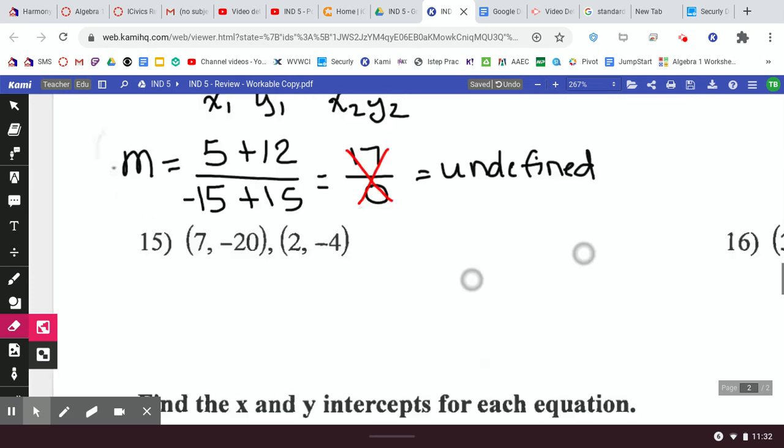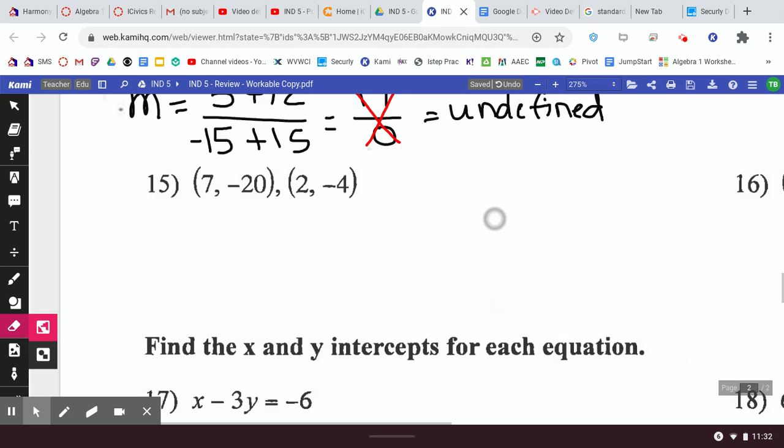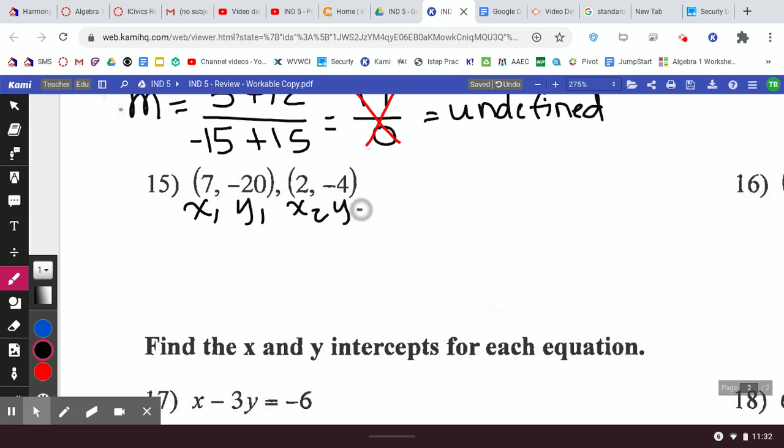All right. So now let's do one that doesn't turn out funky and undefined. So we've got x1, y1, x2, y2. Okay, we're just naming our pairs. And then let's plug into the slope formula, which is y2 minus a minus 20. So that goes positive. And then x2 minus 7.